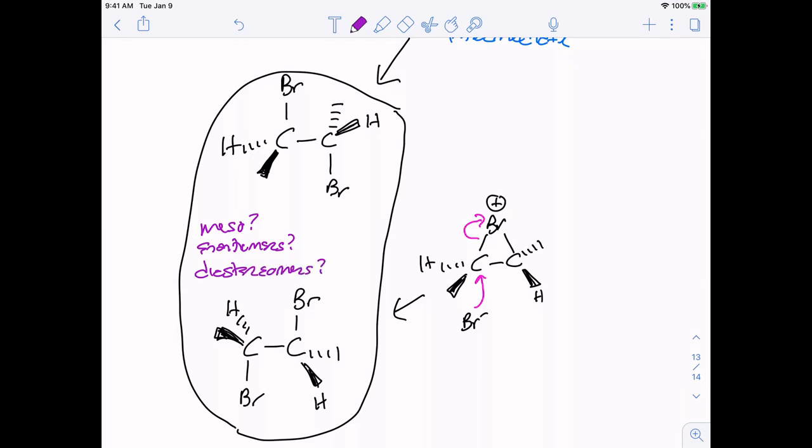Right? I do have two chiral centers, so what is our relationship between these two? Those are all going to be options. And I actually want to let you try to figure this one out on your own. Try rotating one of them, see if you can superimpose them, whatever your method is. So meso, enantiomers, diastereomers, what is our relationship between those guys?